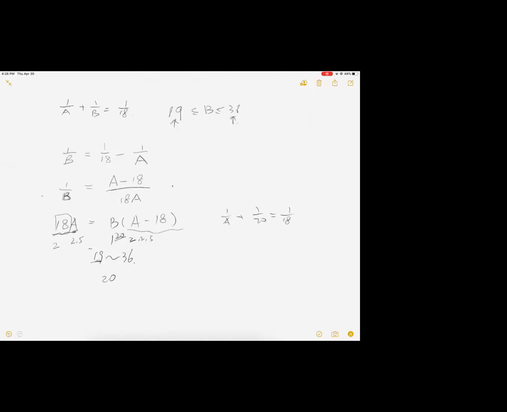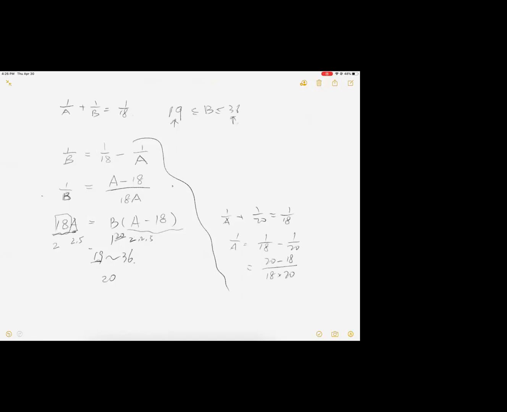If we do enumeration, then 1/A is 1/18 minus 1/20. This is 20 minus 18 divided by 18 times 20. Okay, look at these factors.